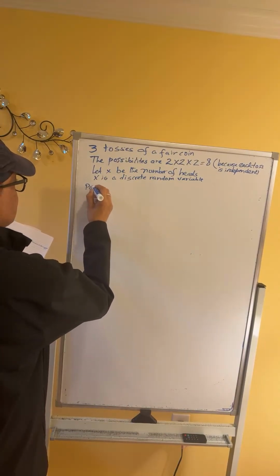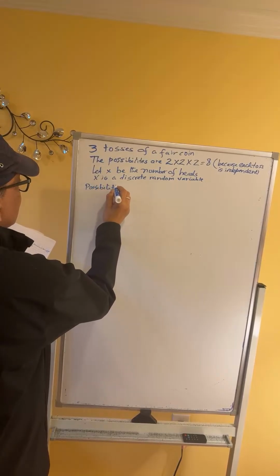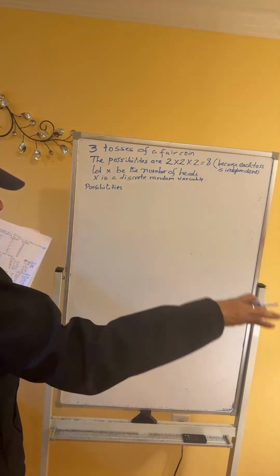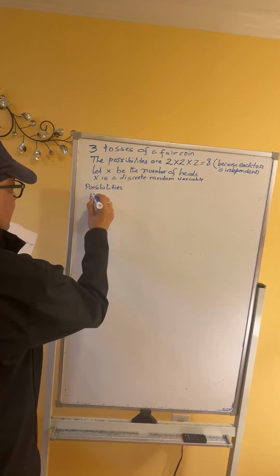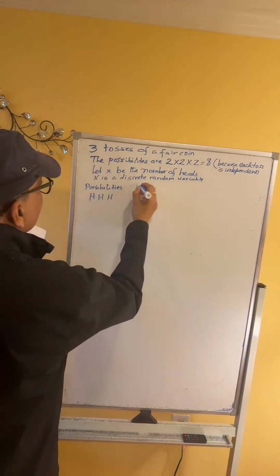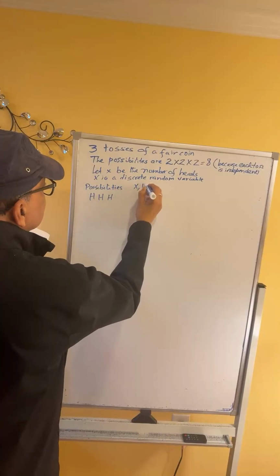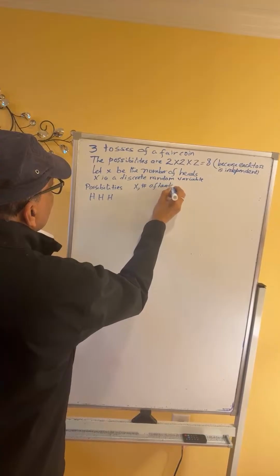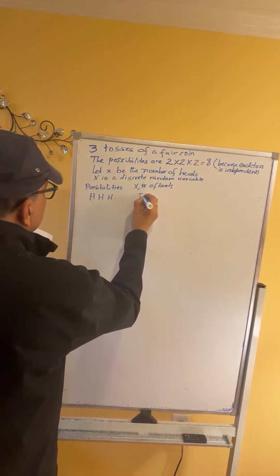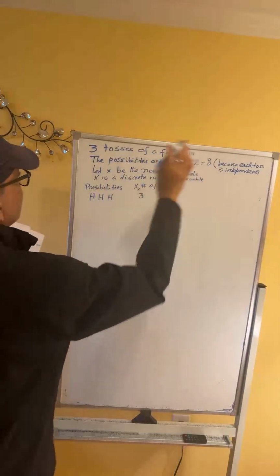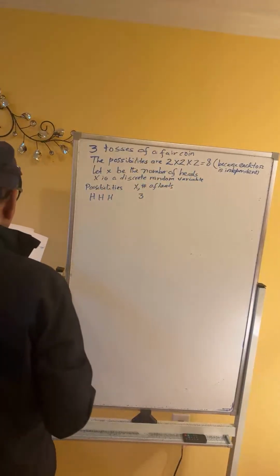So possibilities, the first possibility is each coin lands with head face up. Head, head, head. So we are looking for x, which is number of heads. In this case it is 3. As I told you, the total number of possibilities is 8.